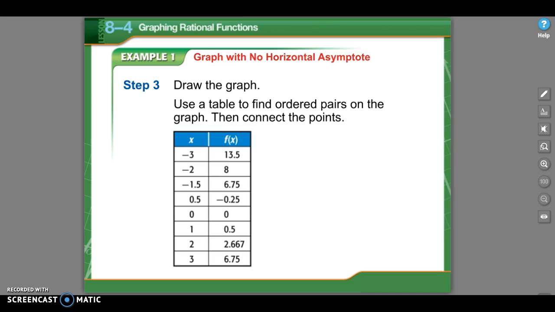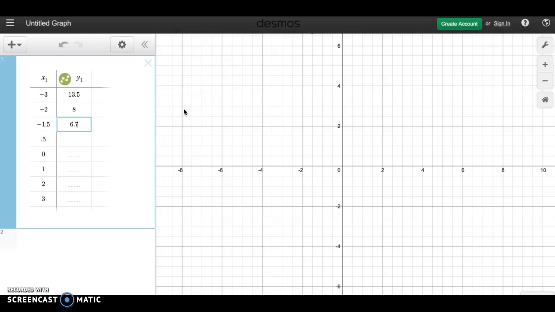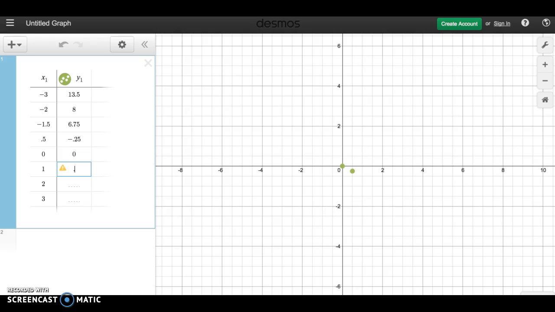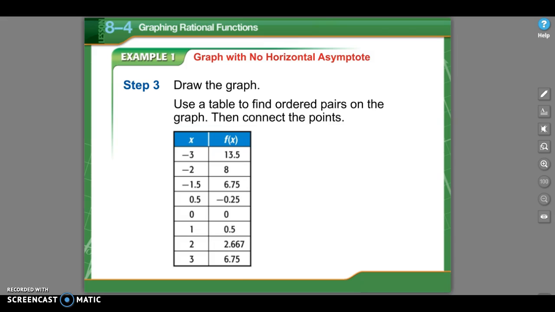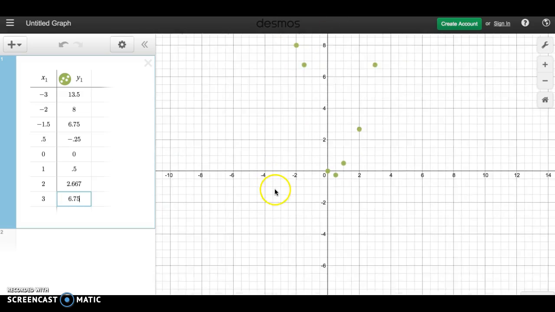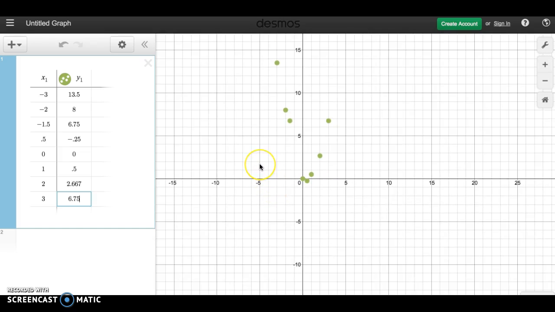Okay, my y values: 6.75, -0.25, 0, 0.5, 2.667, and the last one, 6.75. Okay, I'm going to zoom out a little bit so we can see those points.